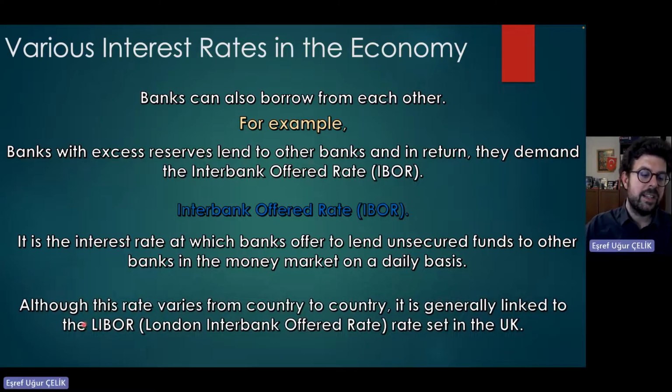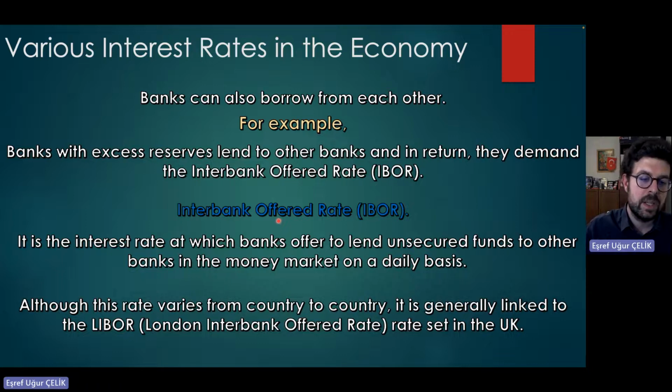That L comes from the London interbank offered rate. And mostly they focus on the LIBOR. If that percentage is used in London, it's called LIBOR. For other countries, it's called IBOR, the interbank offered rate.